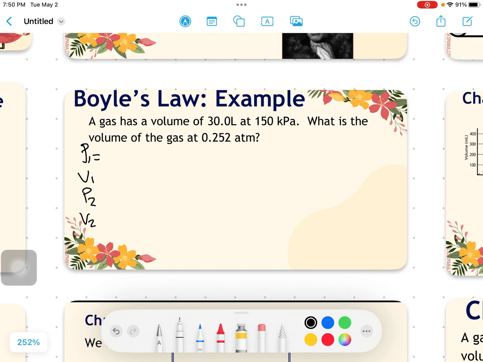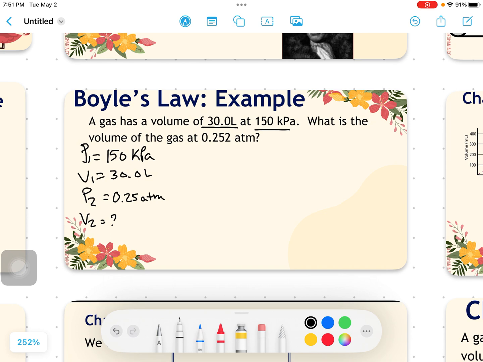The first pressure I see is 150 kPa. My first volume that I run into is 30.0 liters. And it asks, what is the volume of a gas at 0.252 atm? That is a pressure, so P2 equals 0.252 atm. And that's telling me I do not know what my volume is.